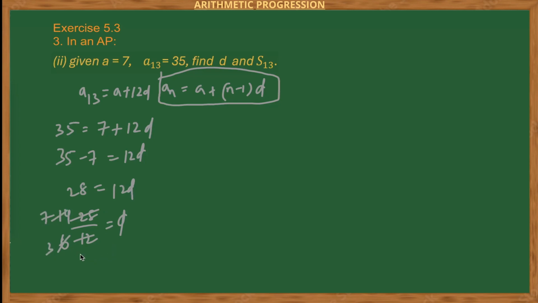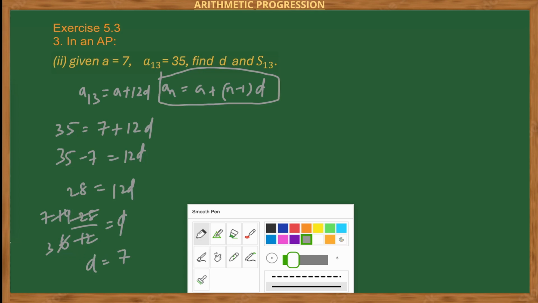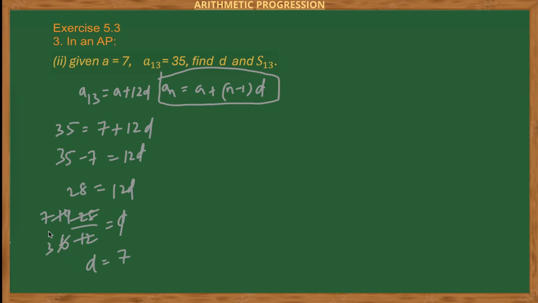Oh, one second, so this should be the value, right? So 7 by 3 it should be. Okay, so 7 by 3. Now we got the value of D.